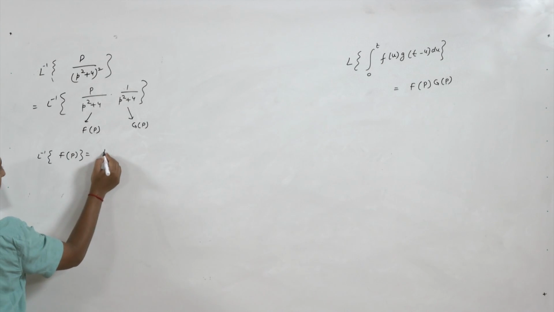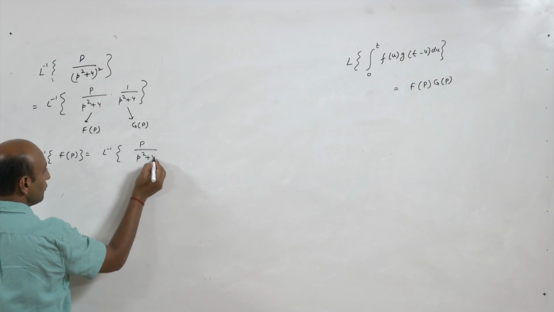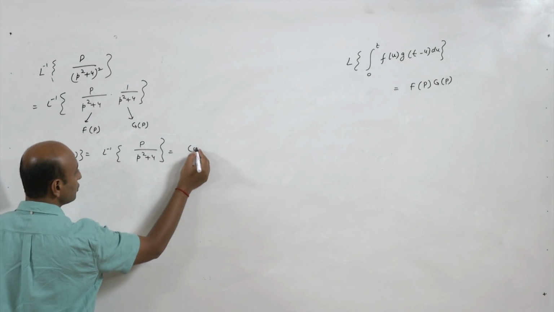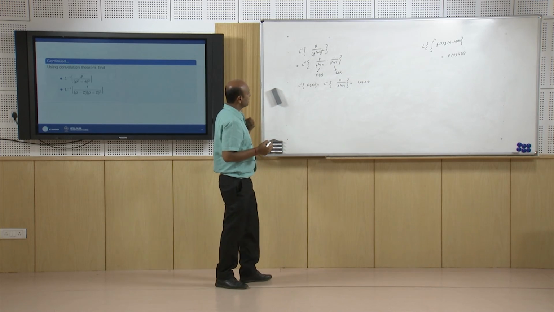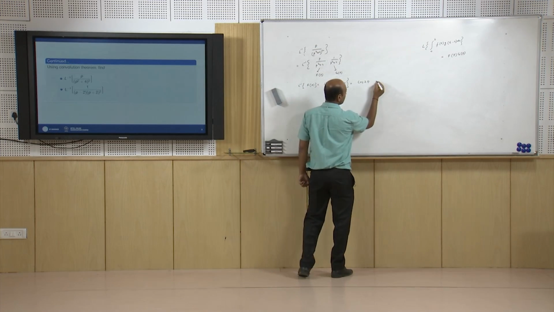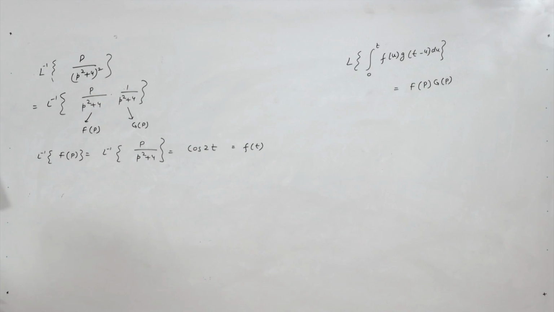This is nothing but the Laplace inverse of p upon (p square plus 4), which we can directly say is cos 2t. So, we call the Laplace inverse of F(p) as f(t).